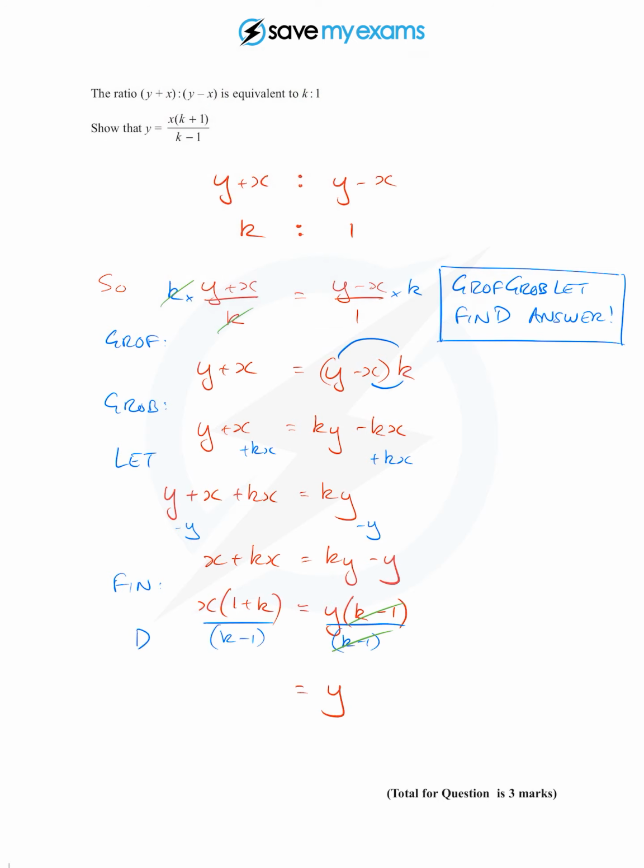And I get y equals, okay, it says equals y, but it's the same thing. Y equals x times 1 plus k over k minus 1, which is the same thing as the bit in the question. If you want to, I could write this out again with y on the left and then exactly as they write it. But I don't really need to because I've demonstrated that I know how to do it. Good stuff.